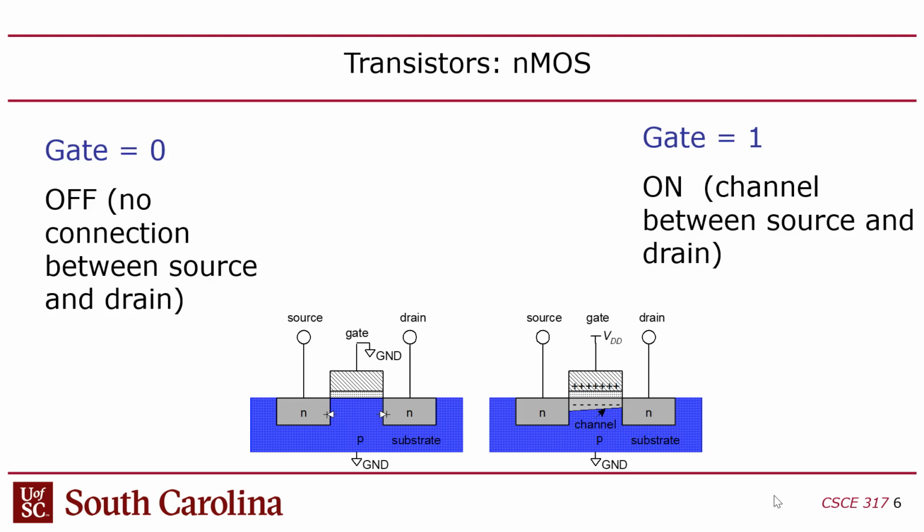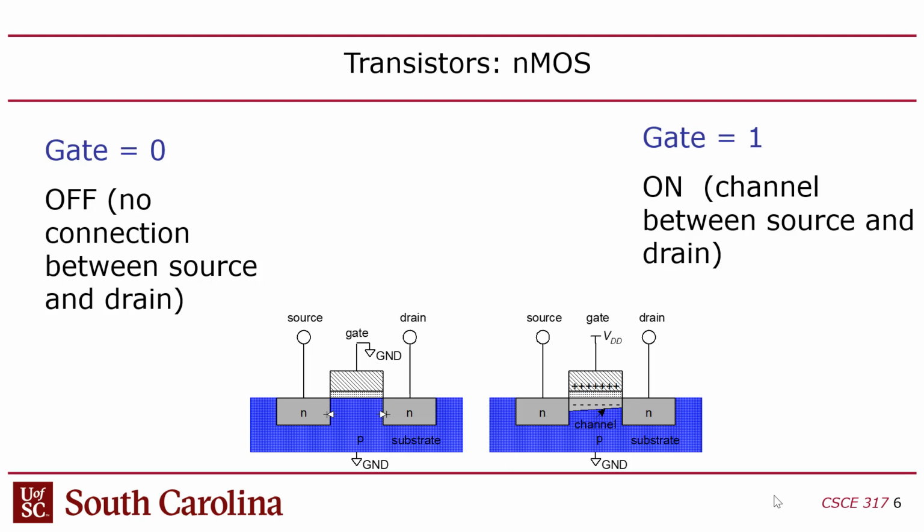So these guys get turned off, disconnected from the substrate electrically, and the channel just has holes in there. So, again, you have a diode basically created here, so there's no way to get current through the substrate because of the reverse bias diode that's formed when the transistor's off.